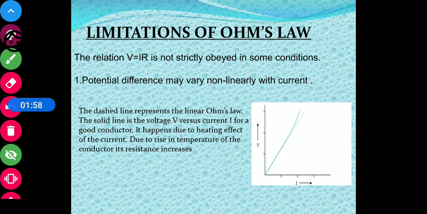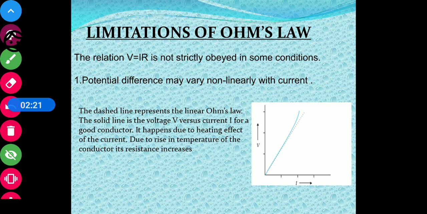But if the current flows through the conductor continuously for a longer time, then we find that the graph is slightly in the shape of a curve. It is no longer a straight line; it has changed to a curve shown by the continuous line.